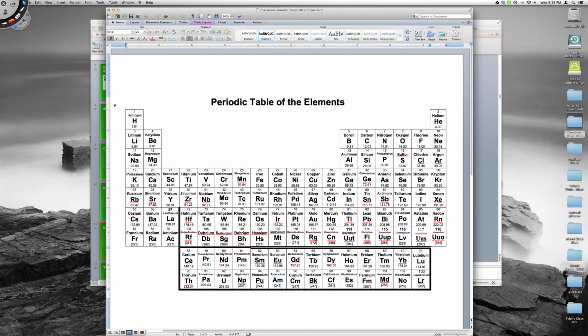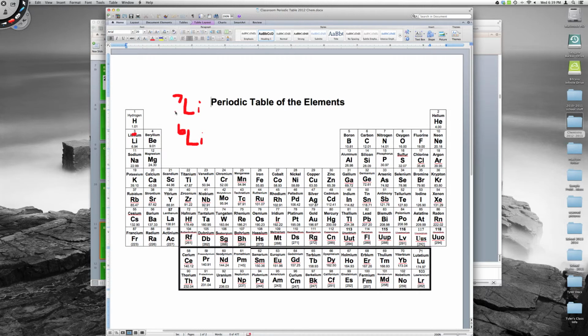And that means that lithium, from our example, must have 2 different isotopes. We have lithium 7, and we have lithium 6. Well, what are we going to put for the Z value? Well, they both have an atomic number of 3.